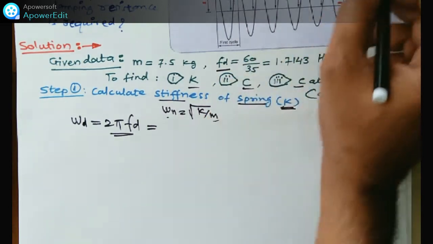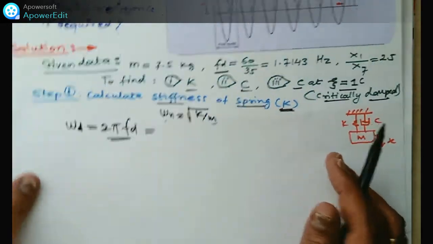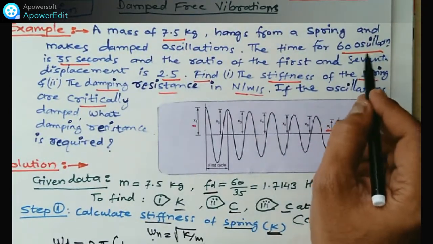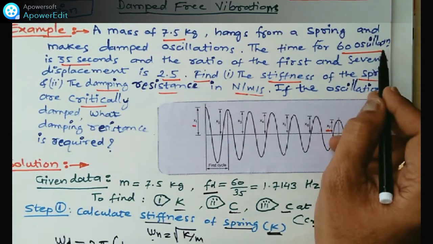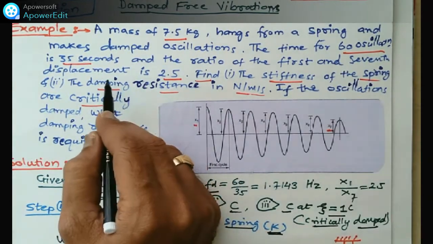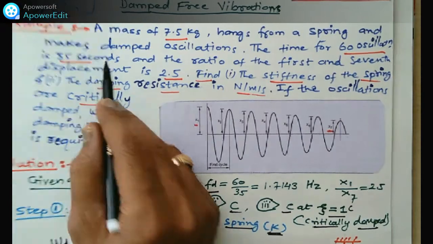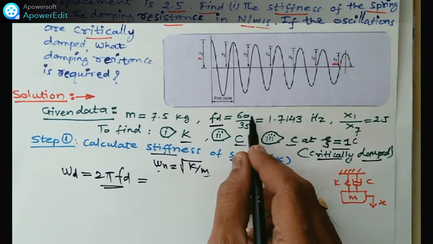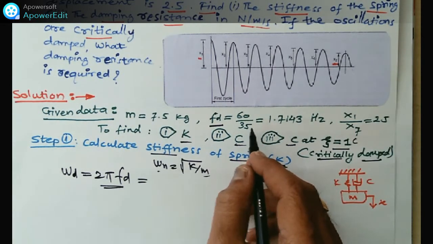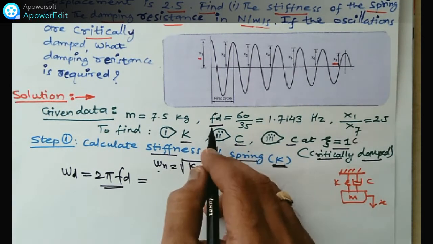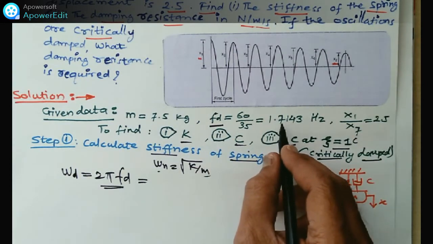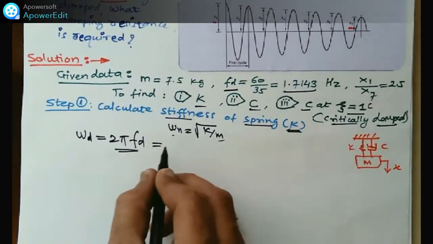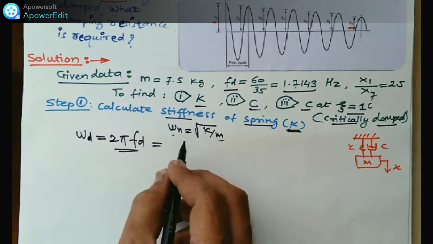In this numerical, for 60 oscillations the total time required is 35 seconds. The number of oscillation cycles per time is the frequency. So this value becomes 2 pi into fd.